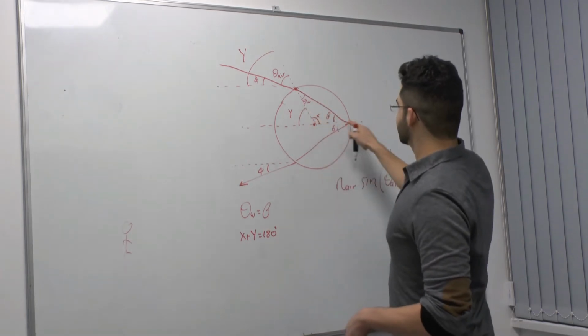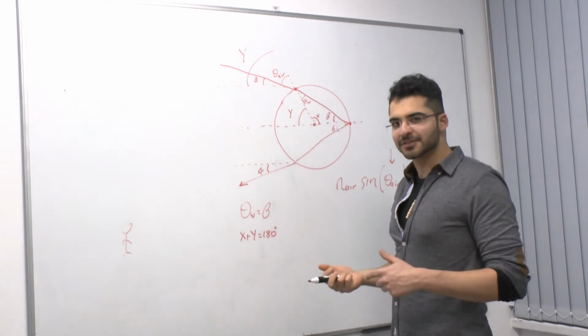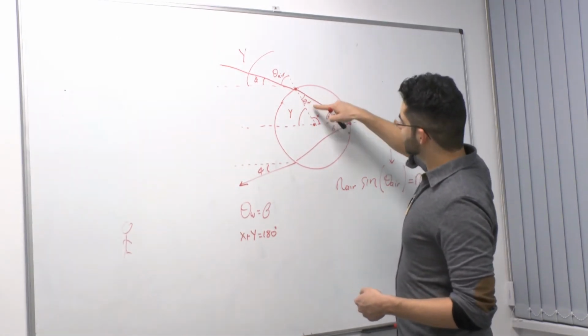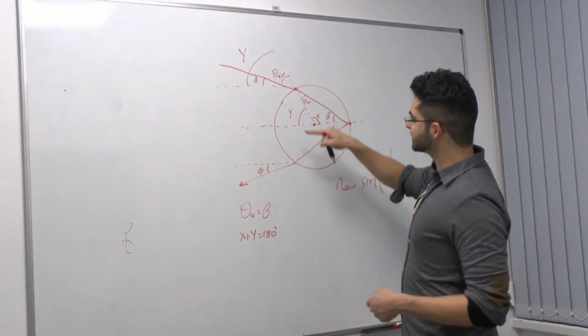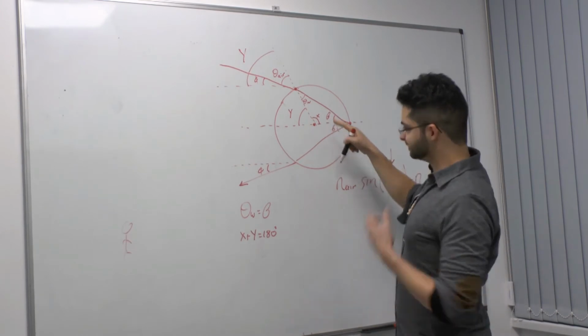Now we have another condition from trigonometry, which is that the sum of the angles in a triangle must be equal to 180 degrees. We have one angle here and one angle here in this isosceles triangle, and we know that theta w has to be equal to beta.